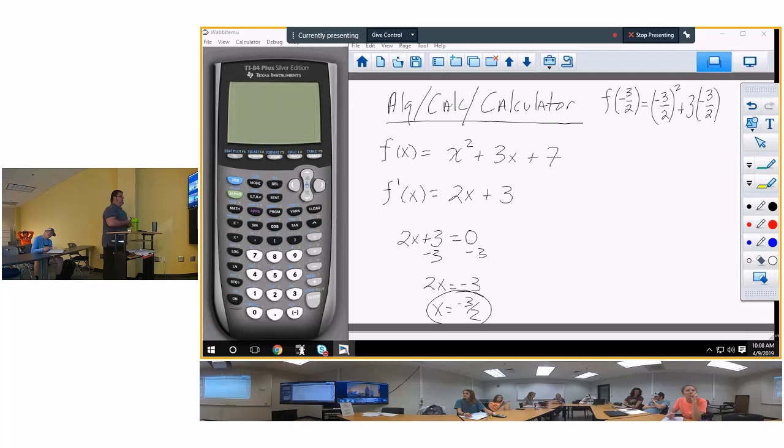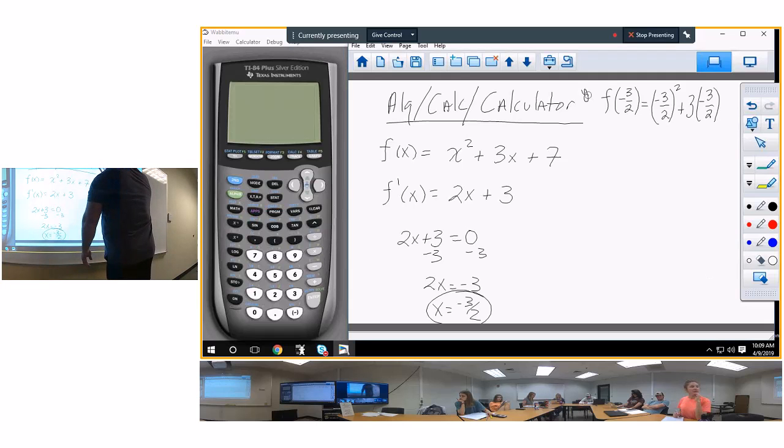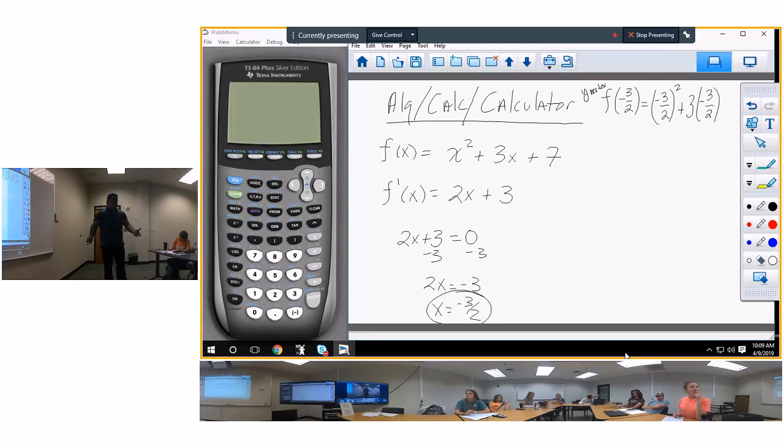Right now, I'm trying to find where the y value is at x equal to negative 3 halves. So I'm trying to find the y of my vertex. In a minute, we're going to put it on the number line, and that's where you can see where it's increasing and decreasing.